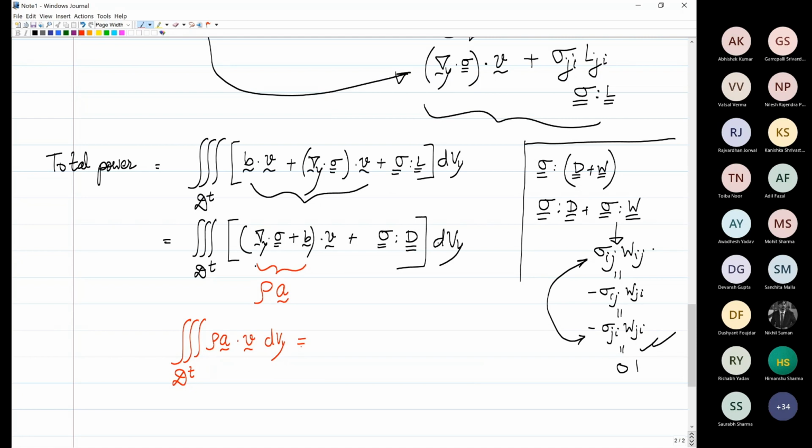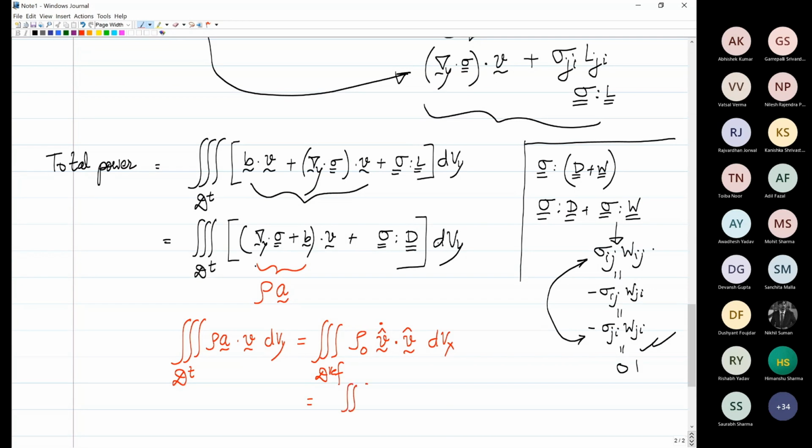So this is same as, convert this into the referential integral d ref rho naught, okay? And then acceleration becomes a hat, which is same as v hat dot, right? So I'm just going a bit fast. And then dotted with v hat. And this is then dvx, okay?